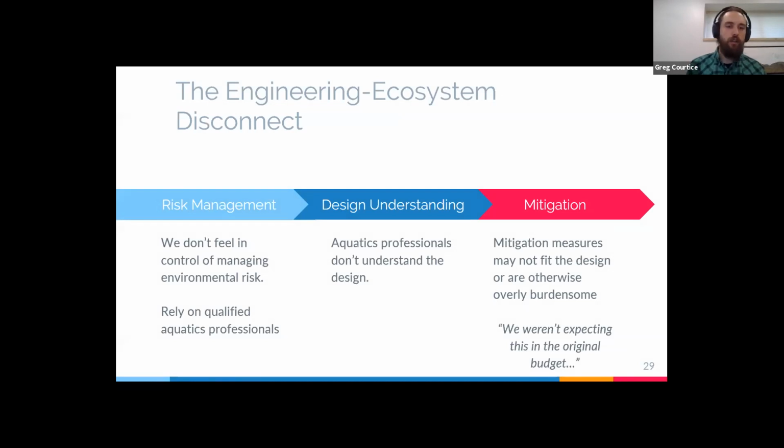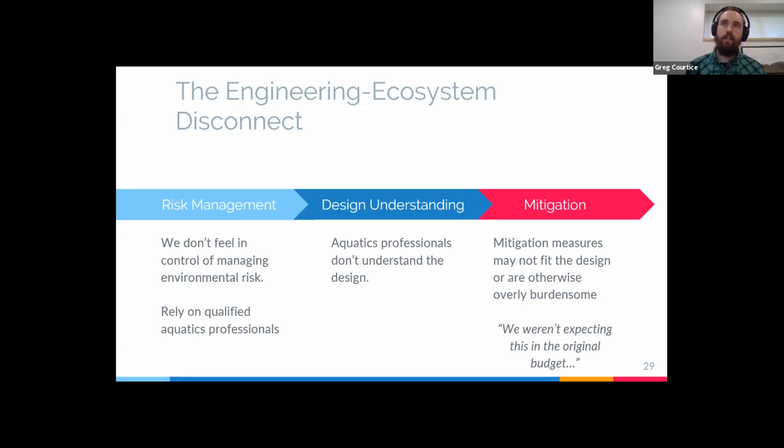And the root cause for a lot of this is a disconnect between engineering and ecosystems and the way that we design projects and how we understand management of them. And so generally what happens is we design the project, we give it to qualified aquatics professionals to design the risk management. They don't necessarily understand the constraints or the design for the project.